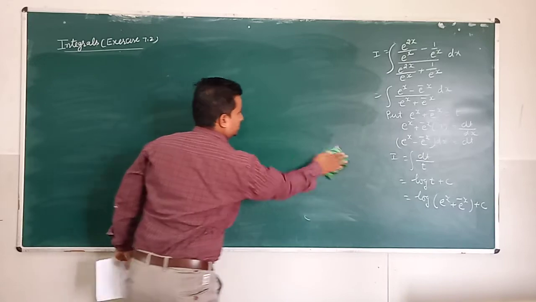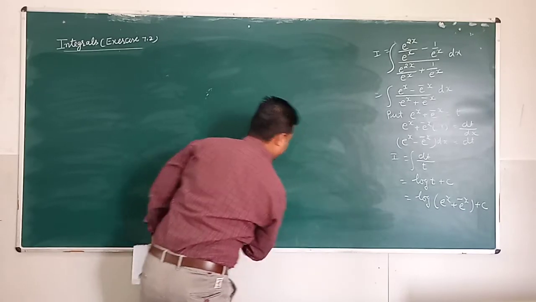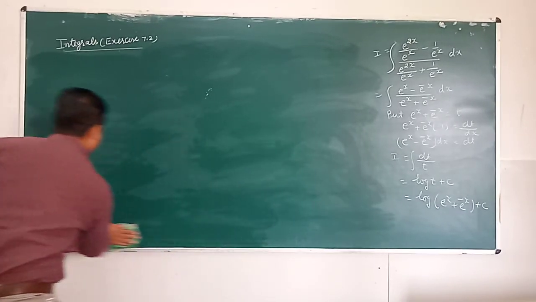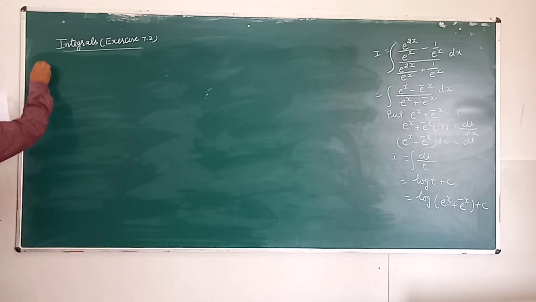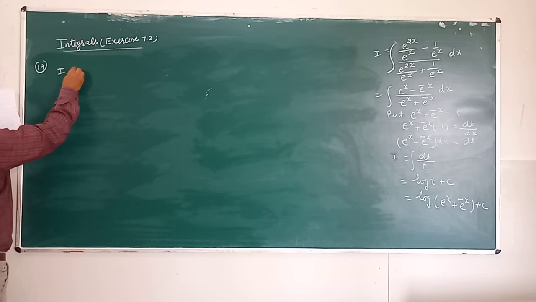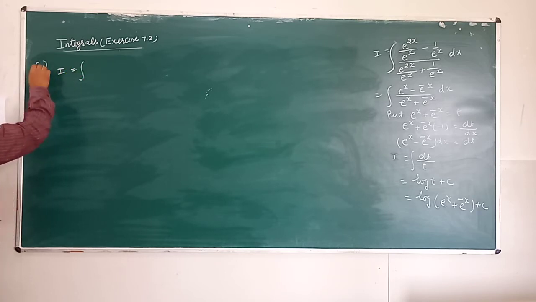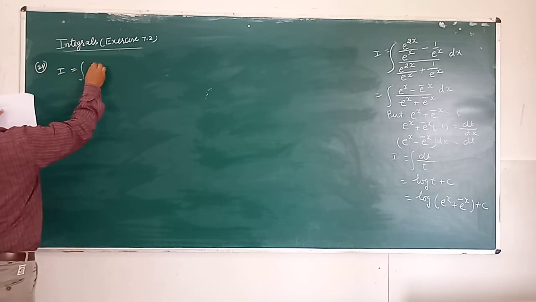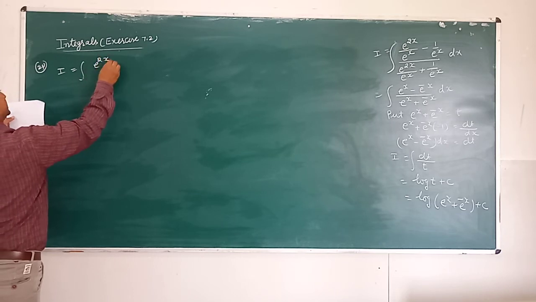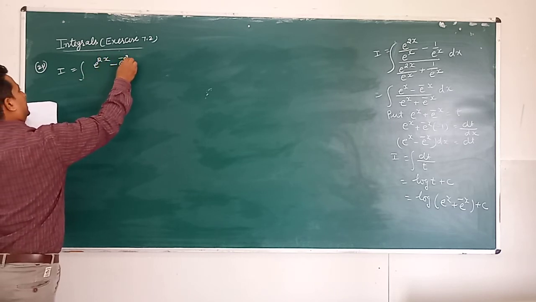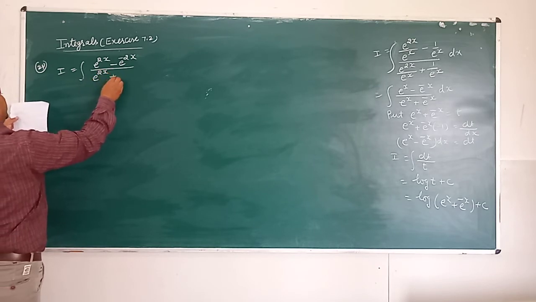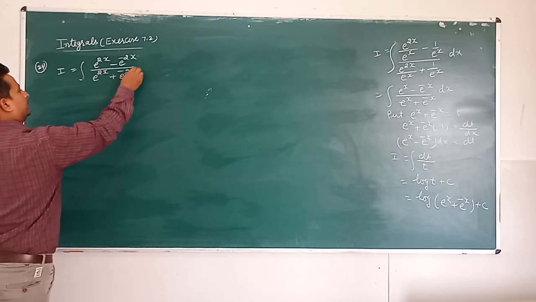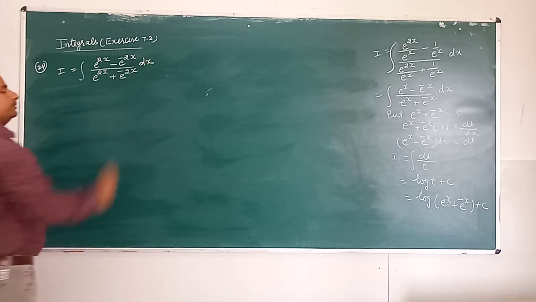In the next question, that's question number 20, the statement is I equals e power 2x minus e power minus 2x upon e power 2x plus e power minus 2x.